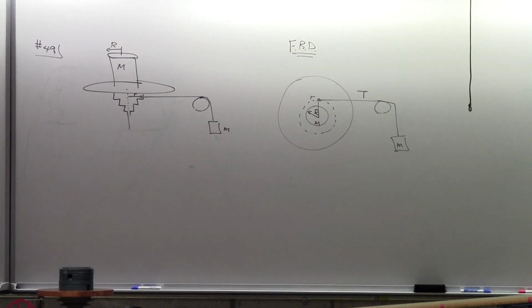So when I look at the rotating object, let's look at what is making it rotate. I'm hoping you can see it. What is making it rotate? Torque. Torque from the tension, which is coming from that little mass. Fair enough?